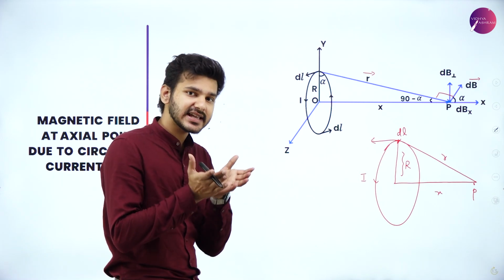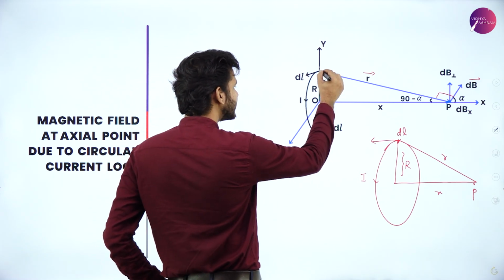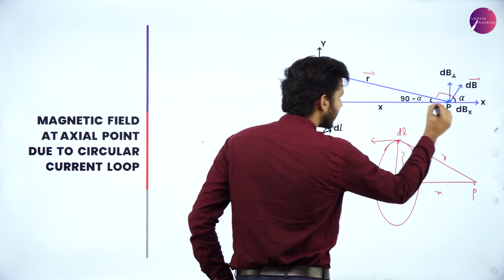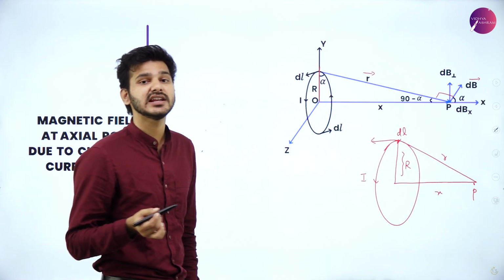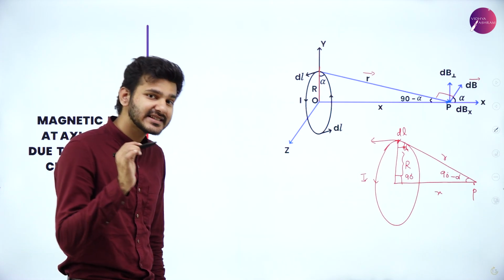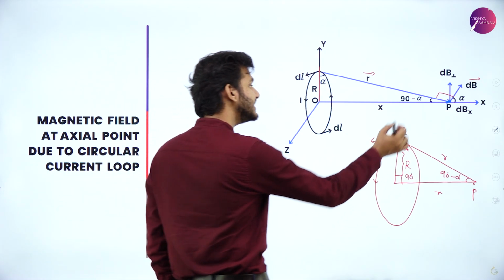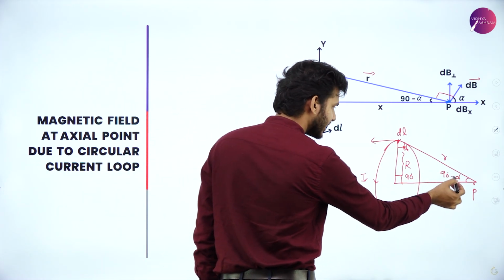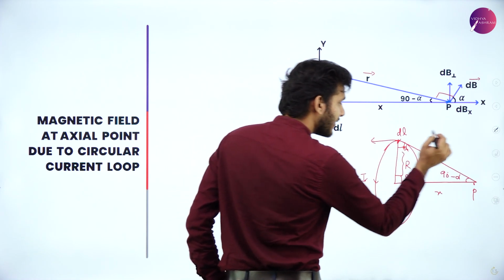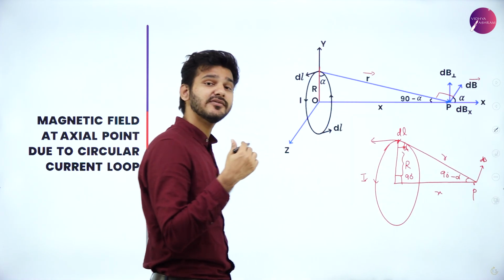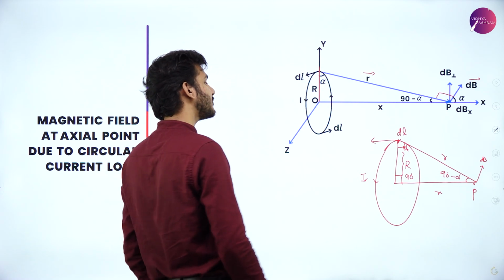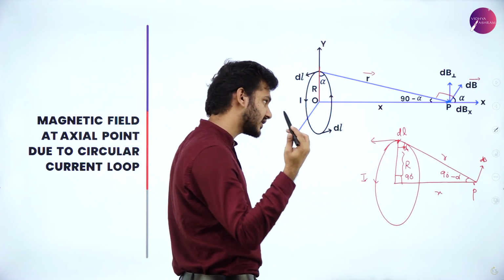Anyways, since this particular line and this particular line are at 90-degree angles, and this particular angle is 90 minus alpha, we already know that the magnetic field there is perpendicular to the position vector or distance vector r.